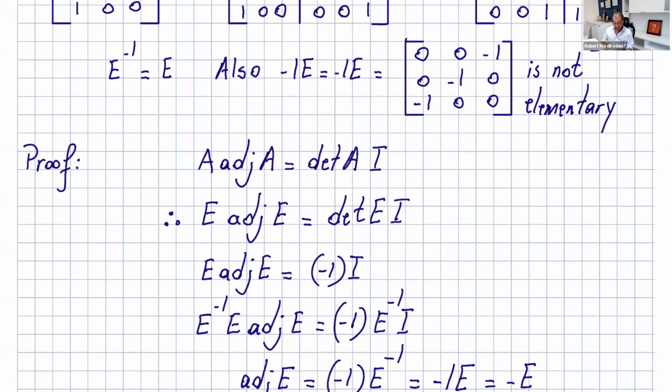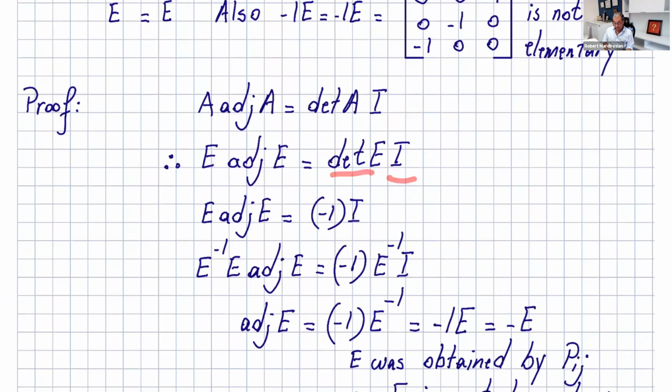Why did I do all that? Because if you go to the proof, we know that A times the adjoint of A is the determinant of A times I. Please watch my last lecture on application of determinants. So we can say for elementary matrices, E times the adjoint of E is the determinant of E times I. But what is the determinant of E? That's -1.